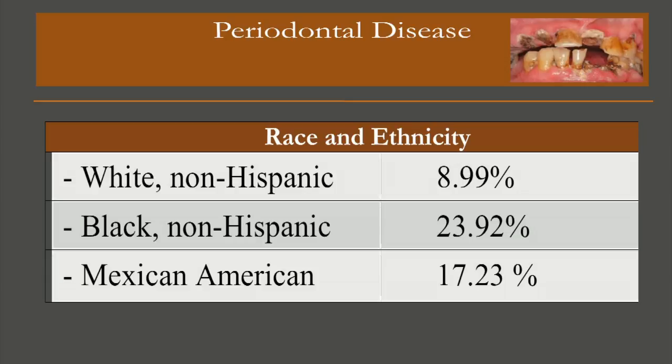Regardless, periodontal disease continues to be an oral health concern among elderly. While white Americans have the lowest rate at almost 9%, African Americans have the highest rate of periodontal disease at 23.92%.